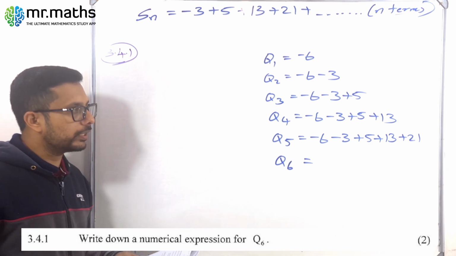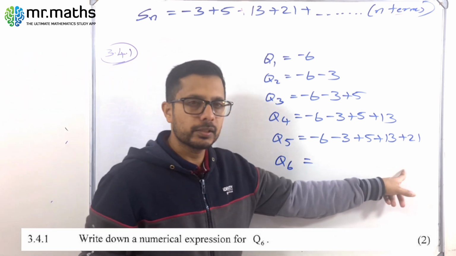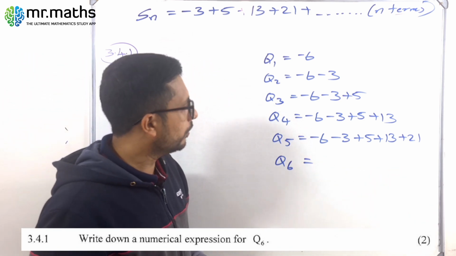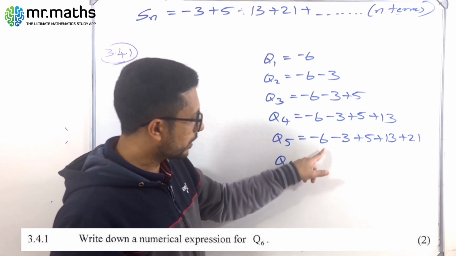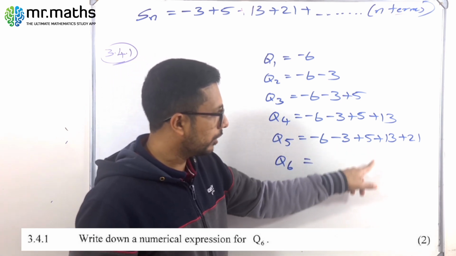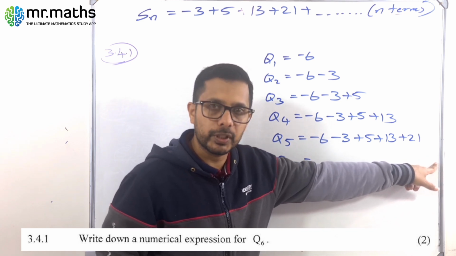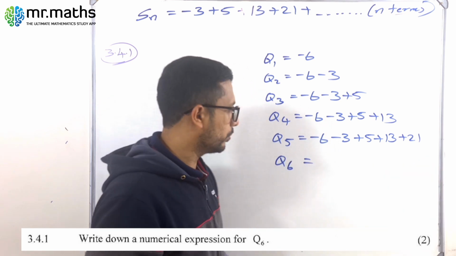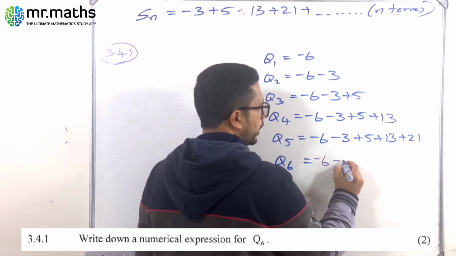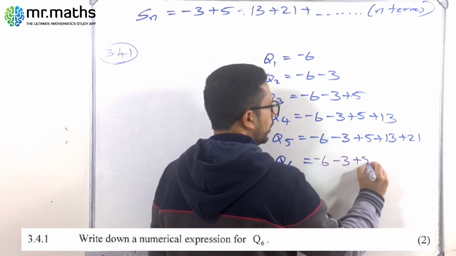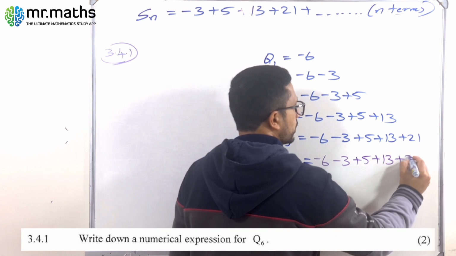The only difference is going to be that minus 6 is the same here, minus 3 the same, 5 here, 13 here, 21 here, and we just want to add one more term. That's the only difference in q6. So minus 6 same, minus 3 same, plus 5 same, plus 13 same, plus 21 same.